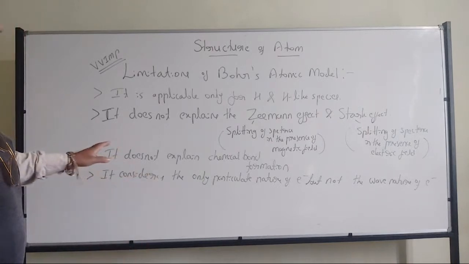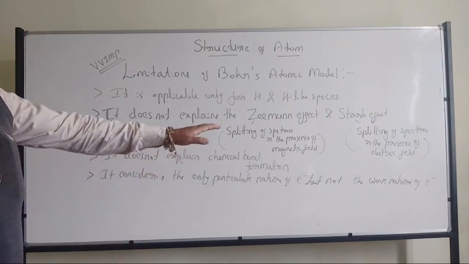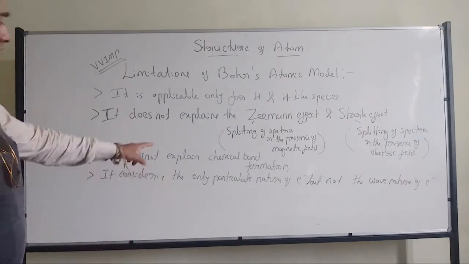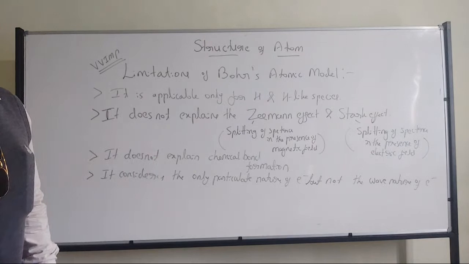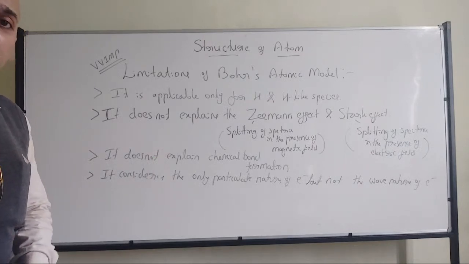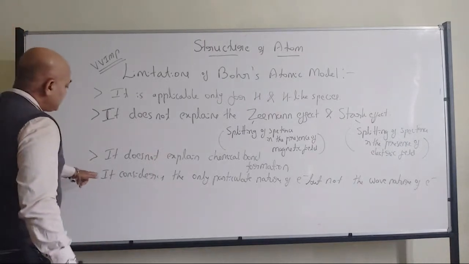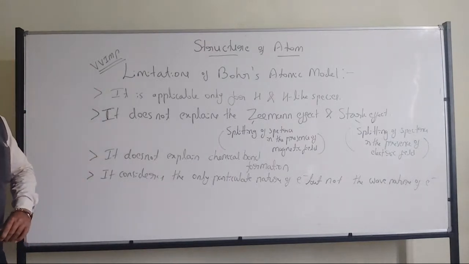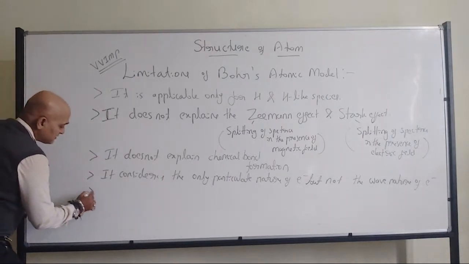But in case of Bohr's atomic model, he didn't consider the wave nature of the electron. He considered only the particulate nature of the electron. So this is based on de Broglie's equation, which disproves Bohr's atomic model. Okay, so next one.